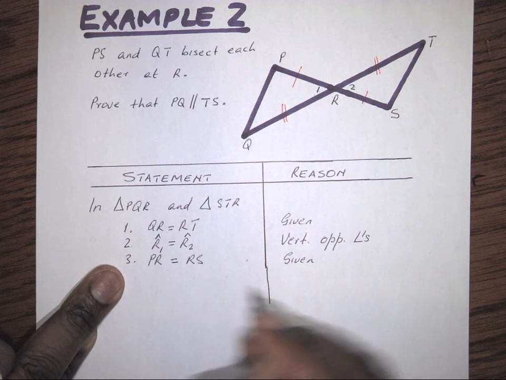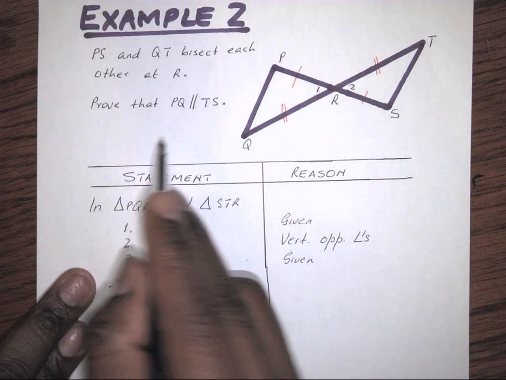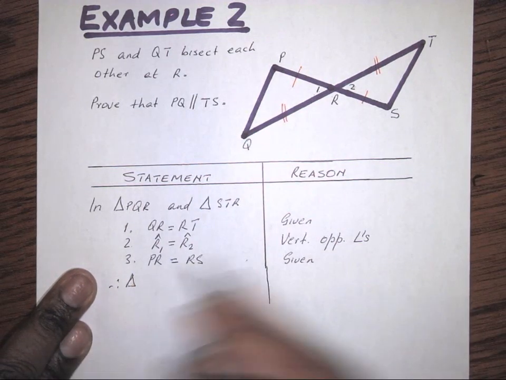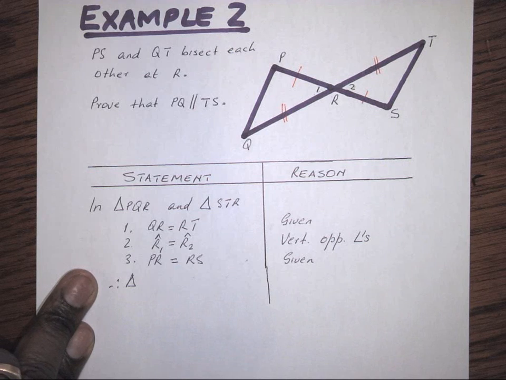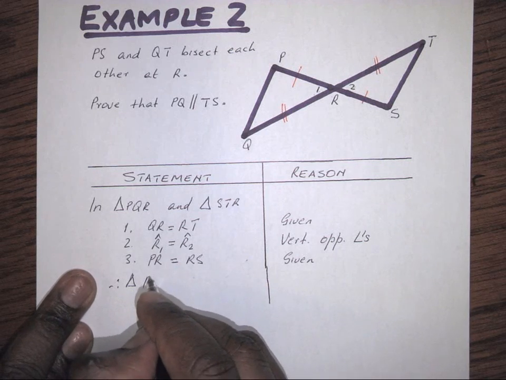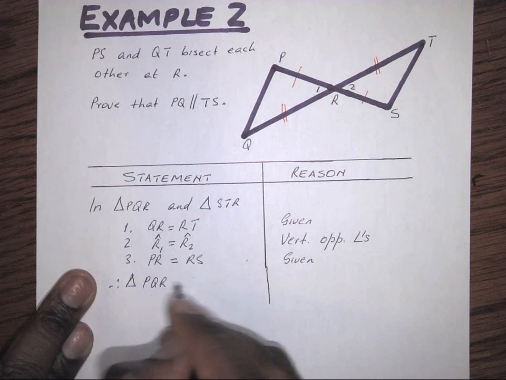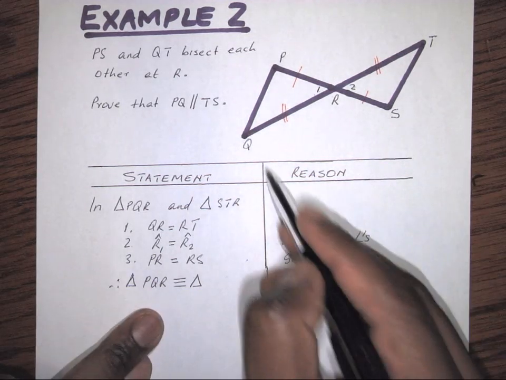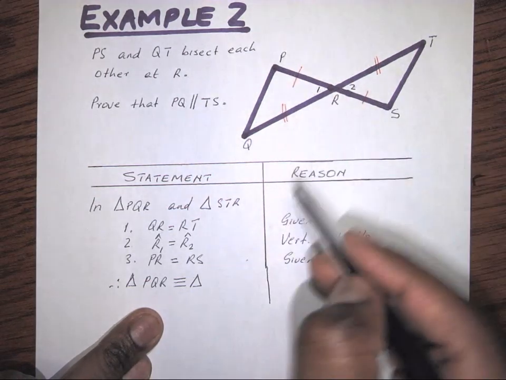It therefore means that this triangle is congruent to this triangle. Therefore, triangle PQR is congruent to triangle STR.